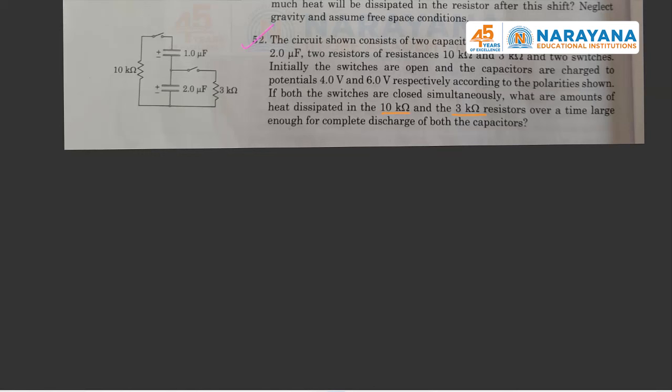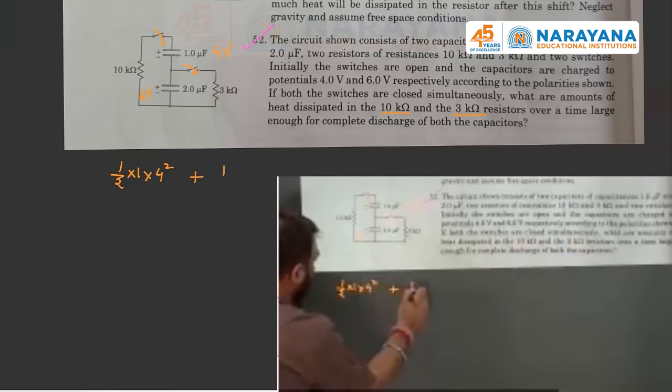My point is, if you close the switch simultaneously, and this one has an initial voltage of 4 volt and the other has an initial voltage of 6 volts. That is it. So whatever initial energy they had was half of 1 into 4 square and the other was half of 2 into 6 square.